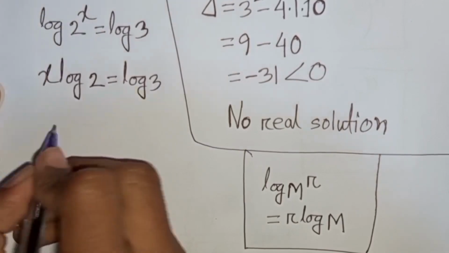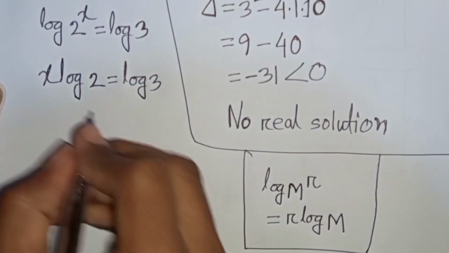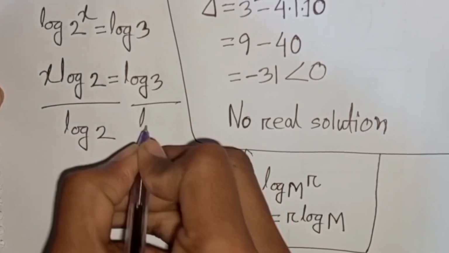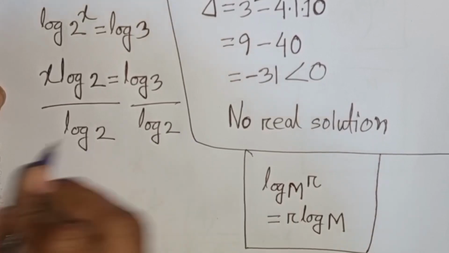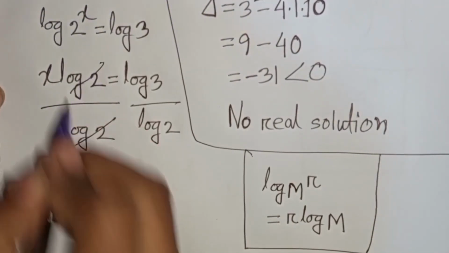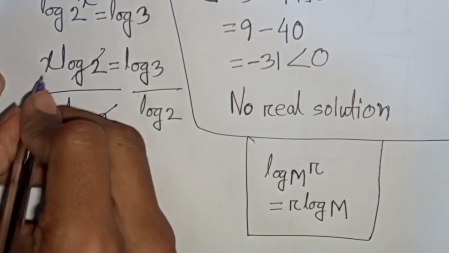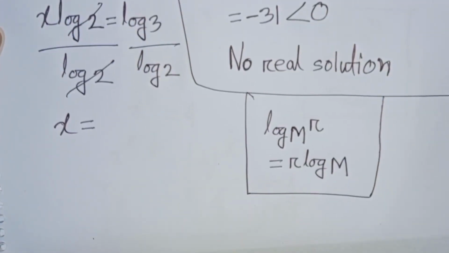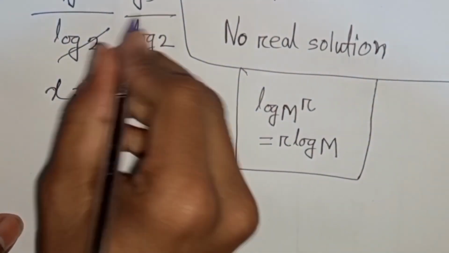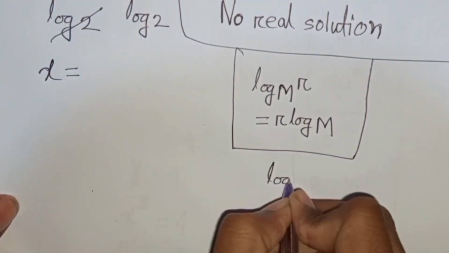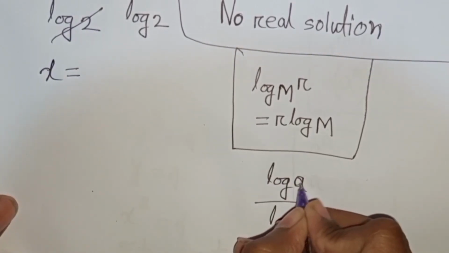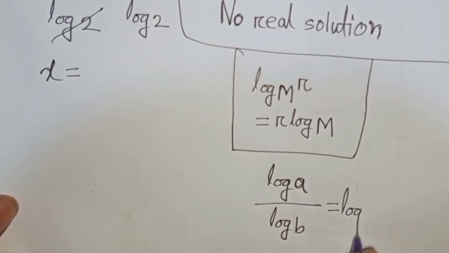Now we need the value of x, so we divide by log 2 on both sides. So divided by log 2, divided by log 2. Now we see this log 2 will be cancelled. So here x will be equal to, here we can apply this formula, log a divided by log b is equal to log a base b.